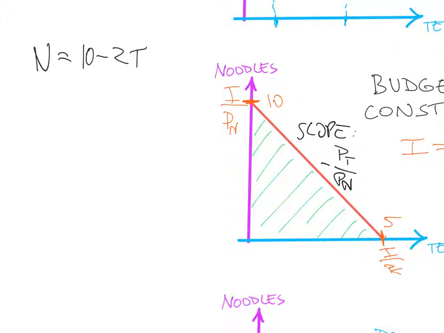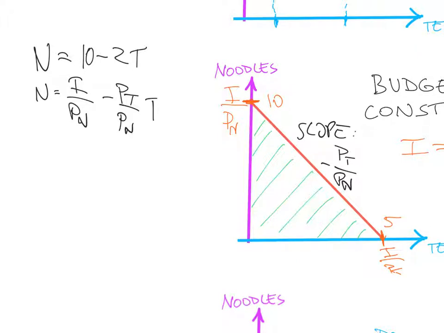The I's cancel out, and you're left with negative Pt over Pn. That's the slope, right? So the equation would be n equals, the intercept is I divided by Pn, the slope is minus Pt over Pn times T. That would be the equation.